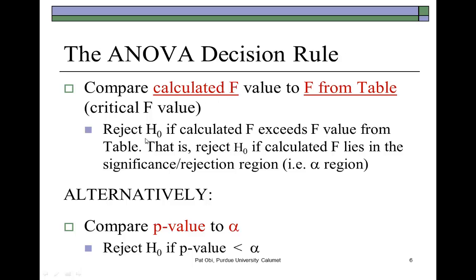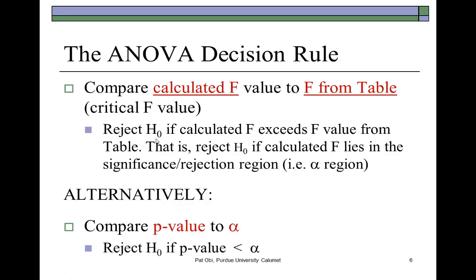We would reject the null hypothesis of equality of means if the calculated F statistic exceeds the critical value of F. In other words, we reject the null hypothesis if the calculated value of F lies in the significance region, which is also called the rejection region. I will show that shortly as well.